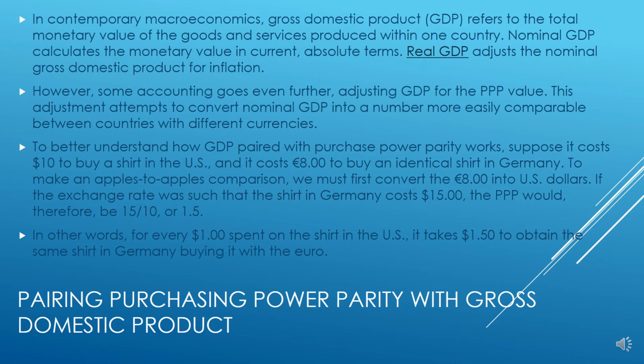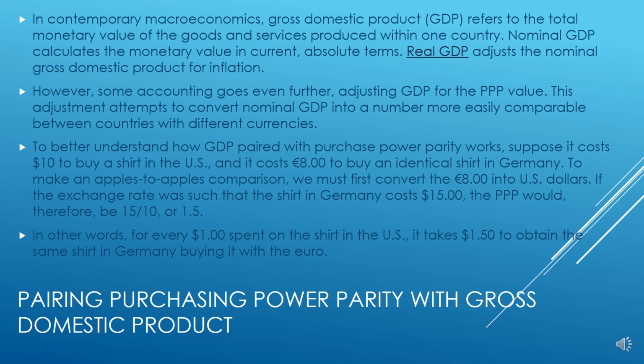To better understand how GDP paired with purchasing power parity works, suppose it costs $10 to buy a shirt in the United States and it costs €8 to buy an identical shirt in Germany. To make an apples to apples comparison, we must first convert the €8 into US dollars.